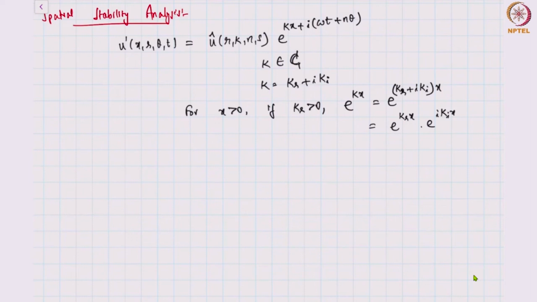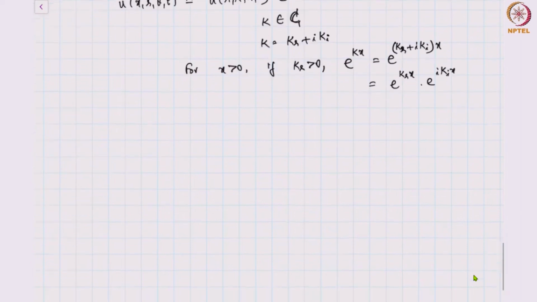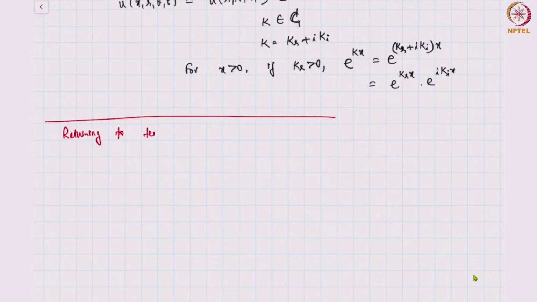So what do we achieve from doing this temporal analysis? Let's return to temporal analysis. What do I have in temporal analysis again? I have u prime is some u hat e power st plus i kx plus n theta. I have to mention one important point.